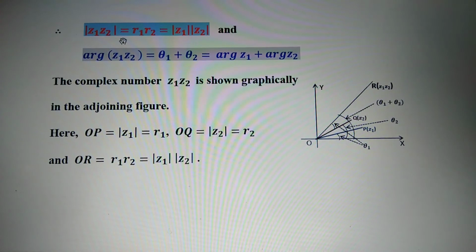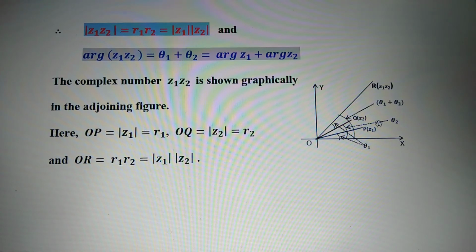So what we have obtained: the modulus of the product of two complex numbers is equal to the product of their moduli, but the argument of the product is the sum of the arguments. The product z1 into z2 is shown graphically in the adjoining figure.